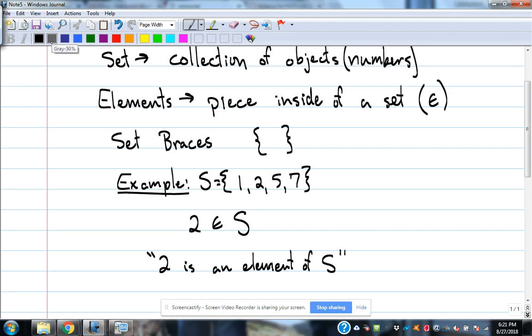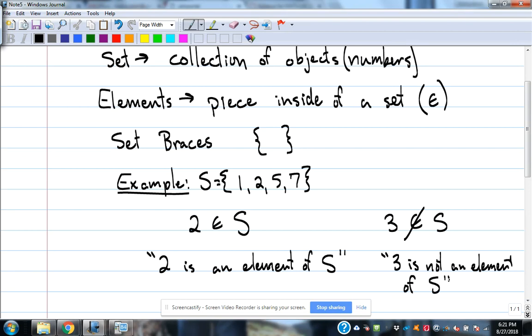And the converse to that, 3 is not an element of S. So I write it the same way. I use the same letter and symbol, but then I put a slash through it. It says it's not an element of it. 3 is not an element of S because 3 is not in it.